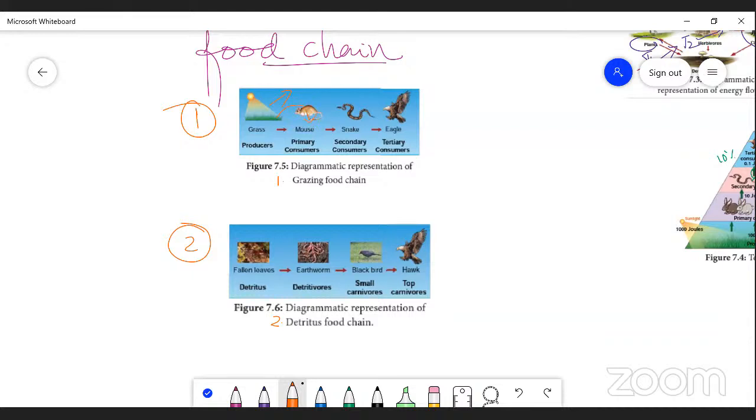Now, this is a trophic level structure in which T1 is the producer. Always a producer occupies the first trophic level, and the second trophic level is T2. It is occupied by the mouse.